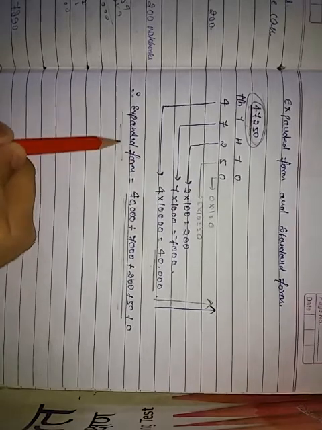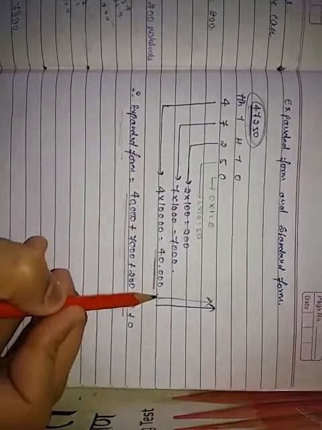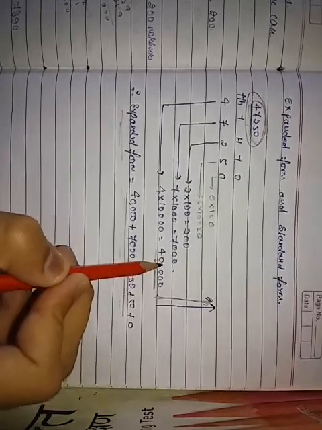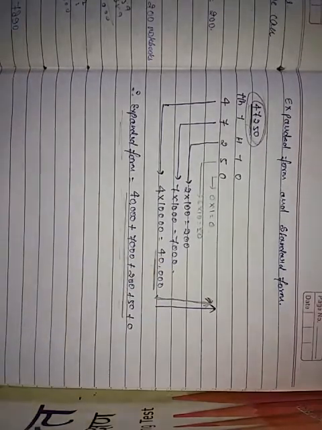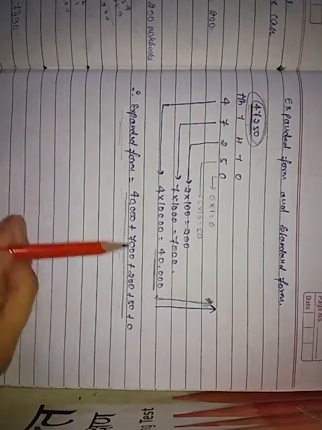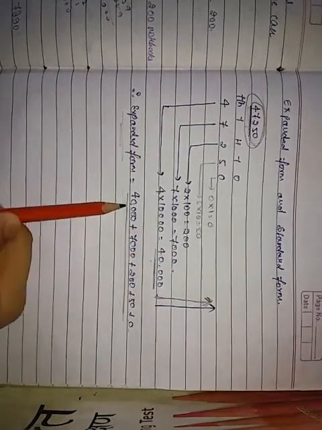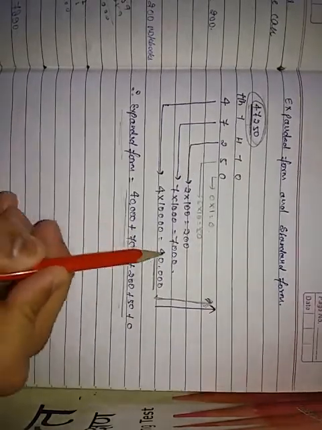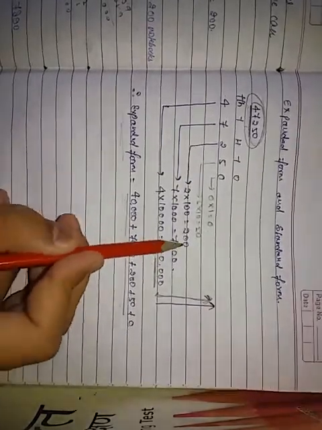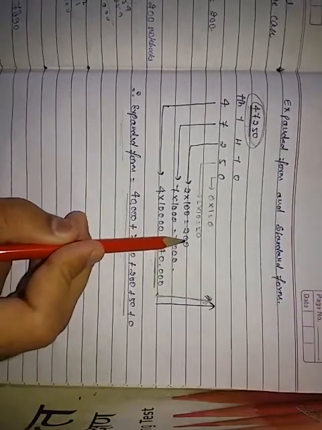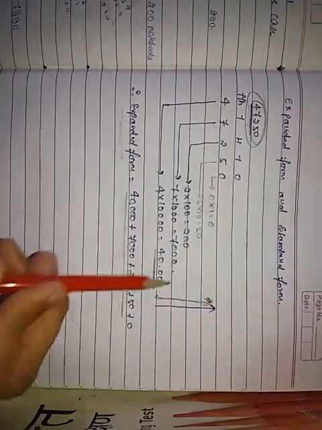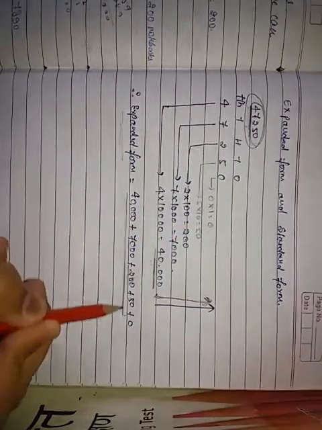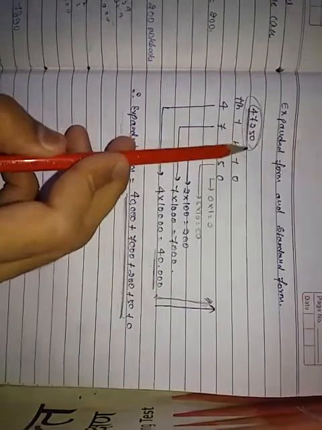Therefore, to write the expanded form, you have to start from the bottom and go to the top, and in between each number use the sign of addition. For example, start from the bottom, that is 40,000, then in between use the sign of addition, so plus, then 7,000, then plus, then 200, then again plus, then 50, then again plus, then your 0. So this is your expanded form of this number.